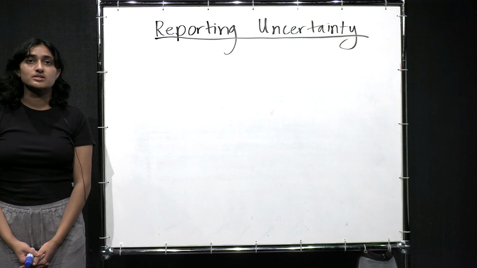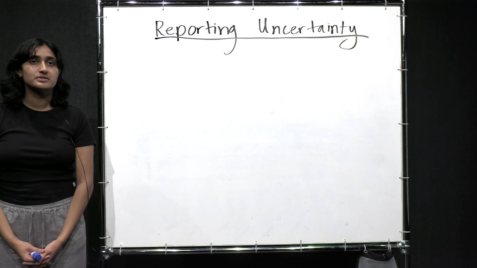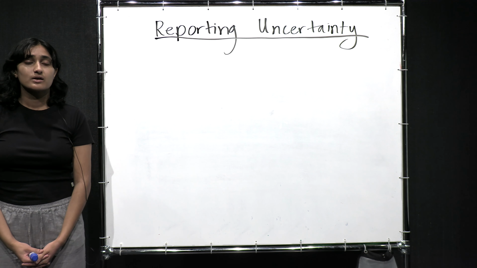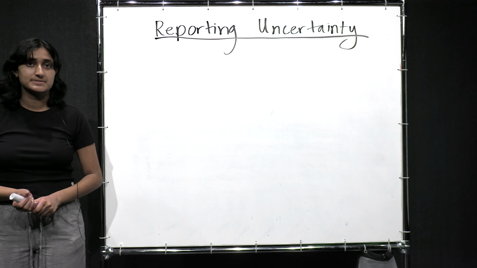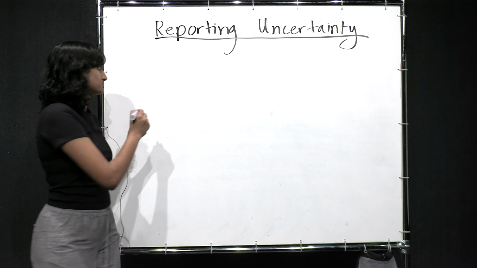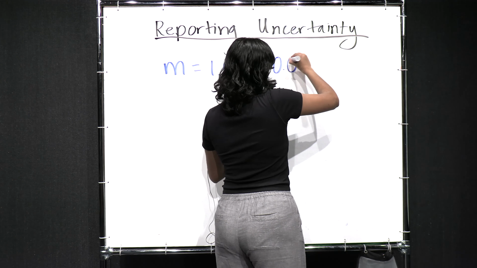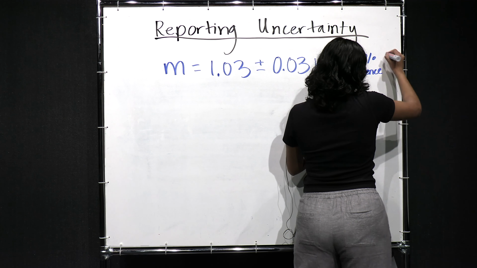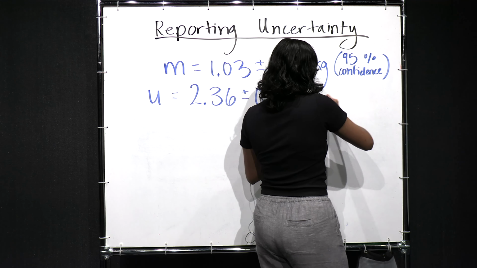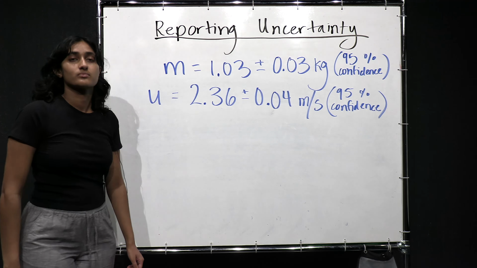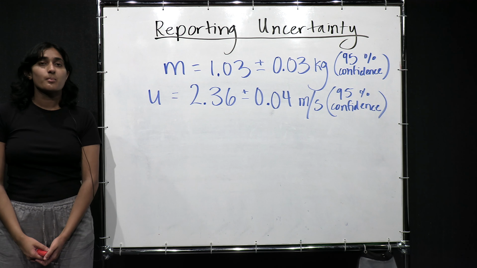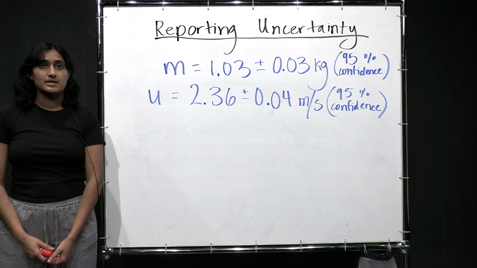A responsible engineer will always estimate and indicate the uncertainty in any measurement. In addition, these measured quantities are often used to calculate other quantities. For example, the mass and velocity of an object are used to calculate the momentum and kinetic energy of the object.